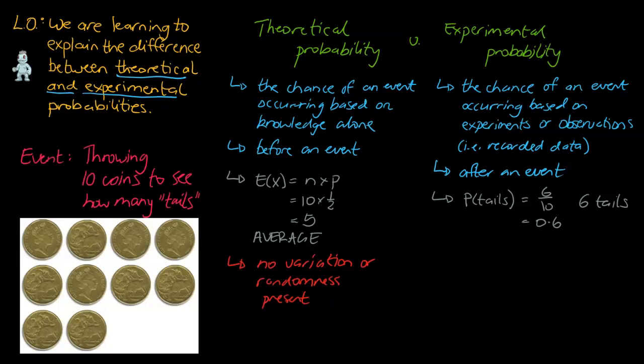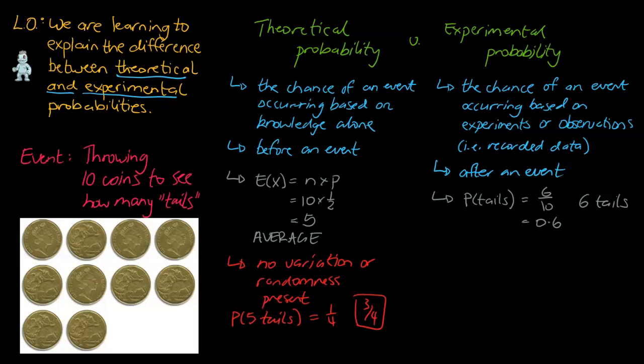To illustrate that point in more detail, if you actually calculate the theoretical probability of getting 5 tails across our 10 coins, the probability of that is actually only about 1 in 4, which means 3/4 of the time you are actually going to get something that you're not expecting to happen.